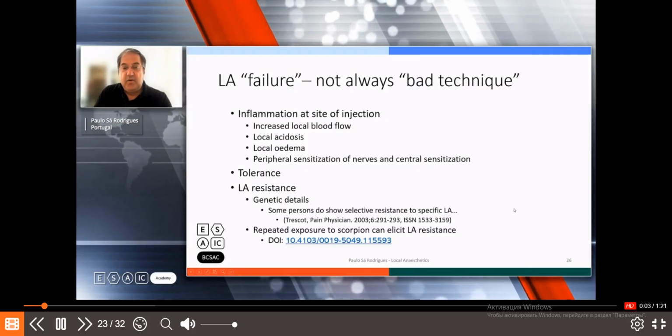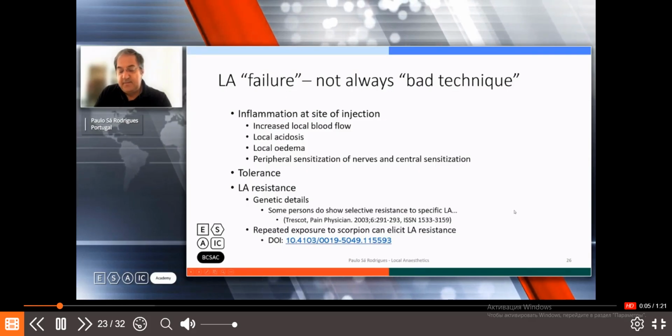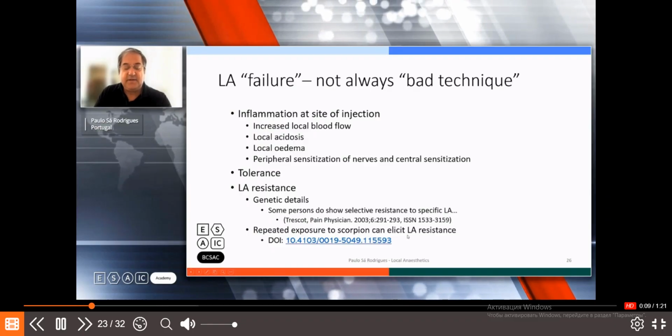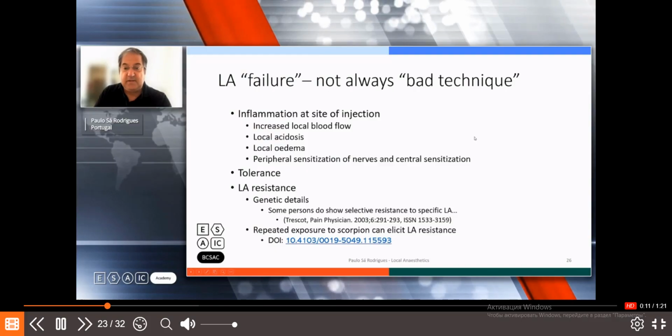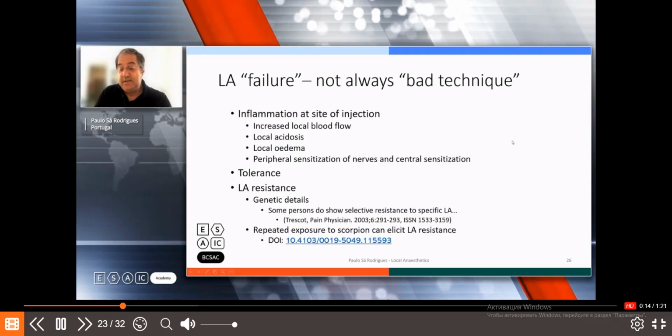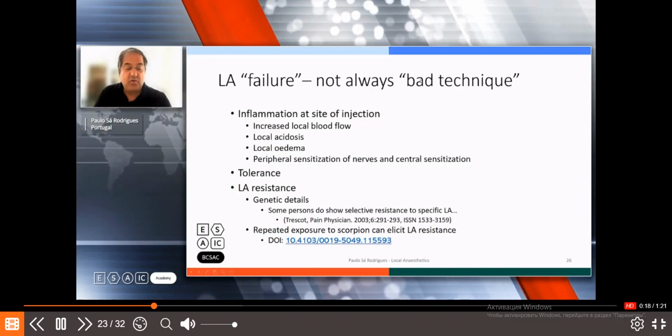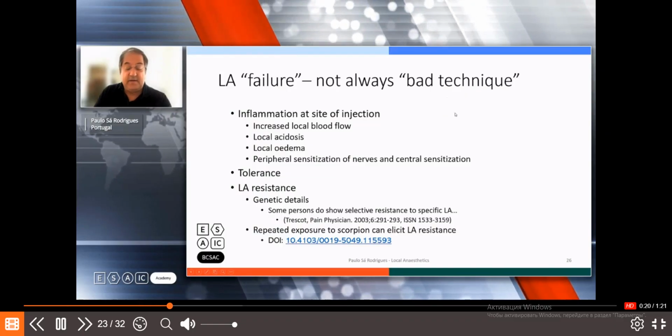And be aware also that sometimes your failure in a particular technique will not always be due to bad technique, but mainly to these pharmacokinetic and pharmacodynamic aspects.